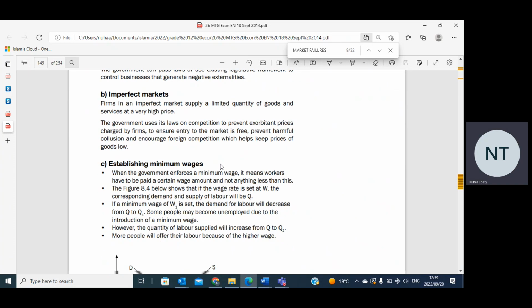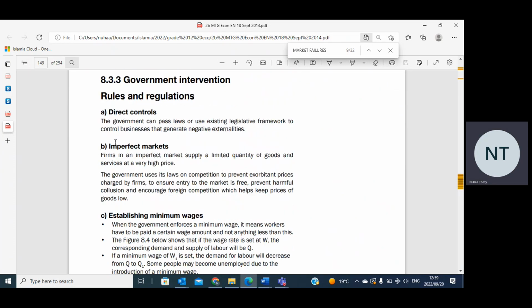So the first thing that they do is direct controls, where they can pass laws or regulations to reduce negative externality goods. So we know for a fact that cigarettes have a negative externality. And what the government actually does is, I don't know if you've ever noticed, you are not allowed to advertise cigarettes. So that's a law that was passed.